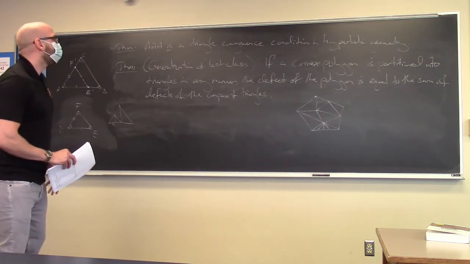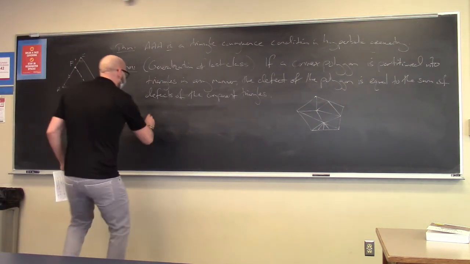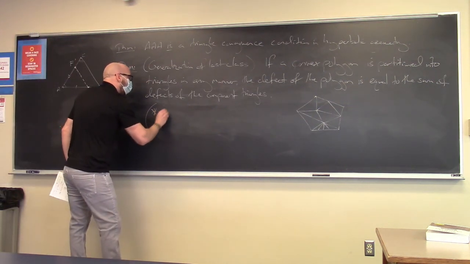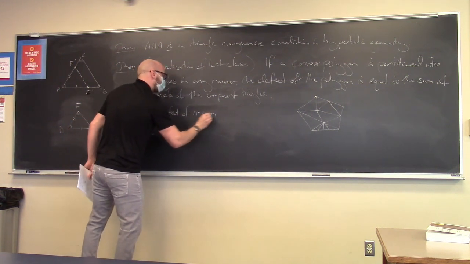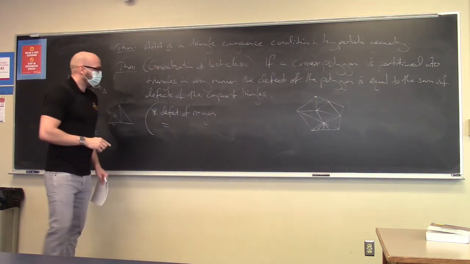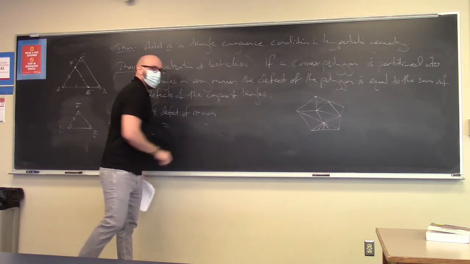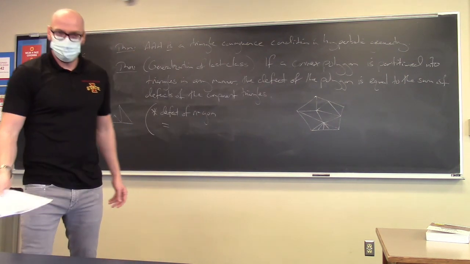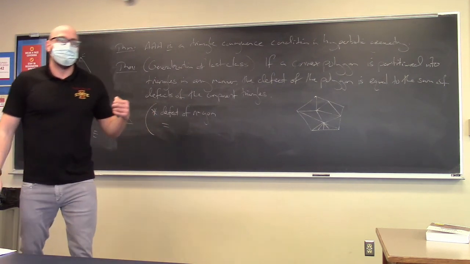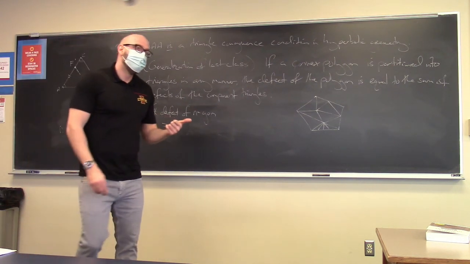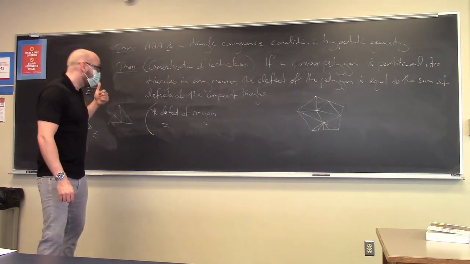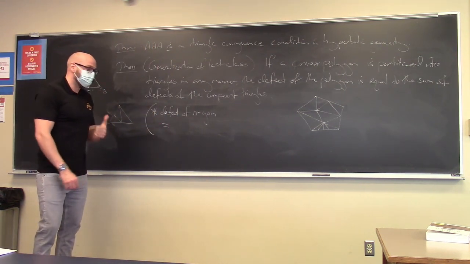By the way, what is the defect of a polygon? Let's make a note. Defect of an n-gon. The Euclidean angle sum of a three-gon, a triangle, is what? 180, right? Angle sum of a Euclidean four-gon, a quadrilateral, is 360.